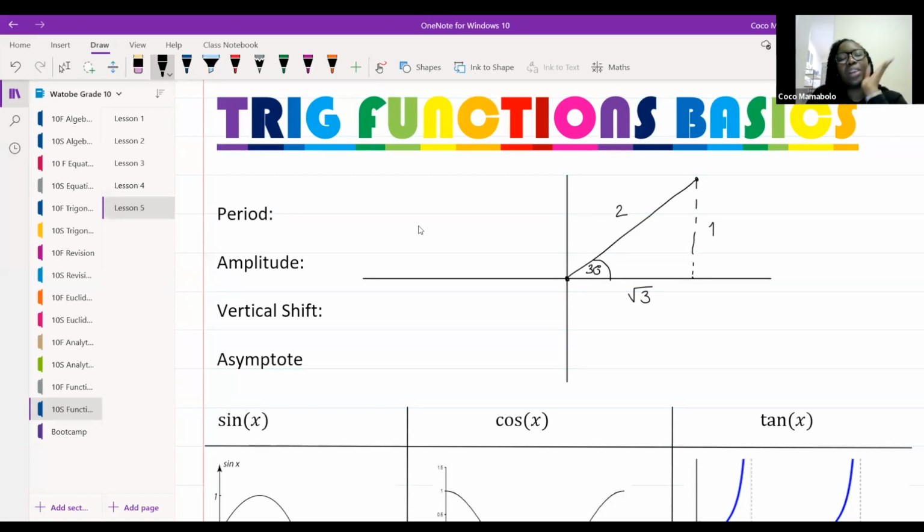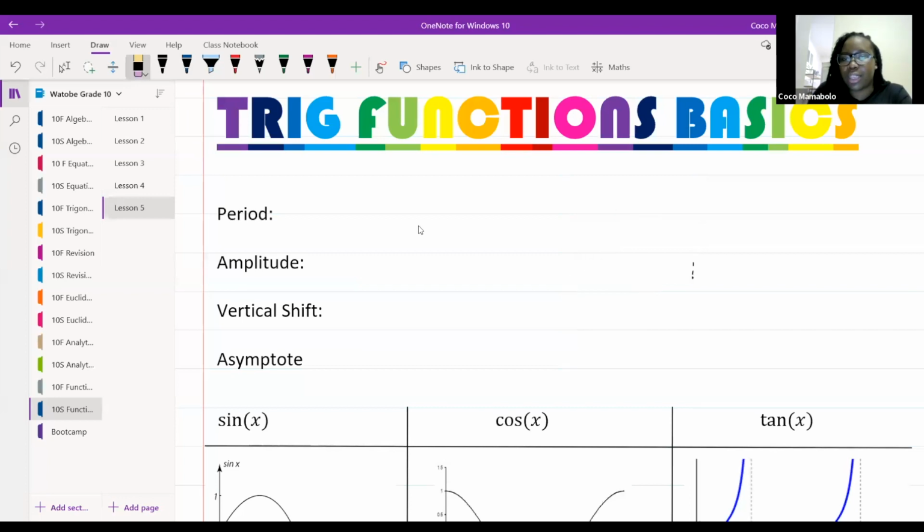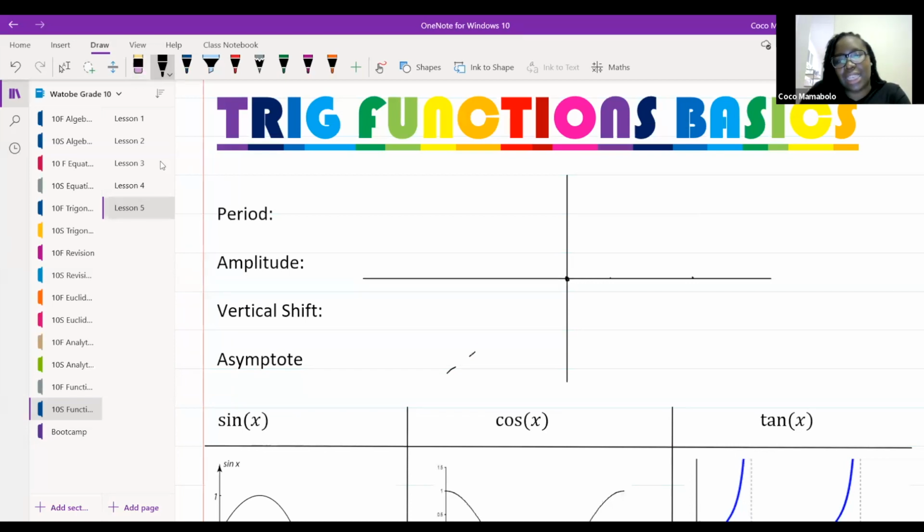But I want us to think of this particular graph as a 3D idea. We have 3 dimensions.